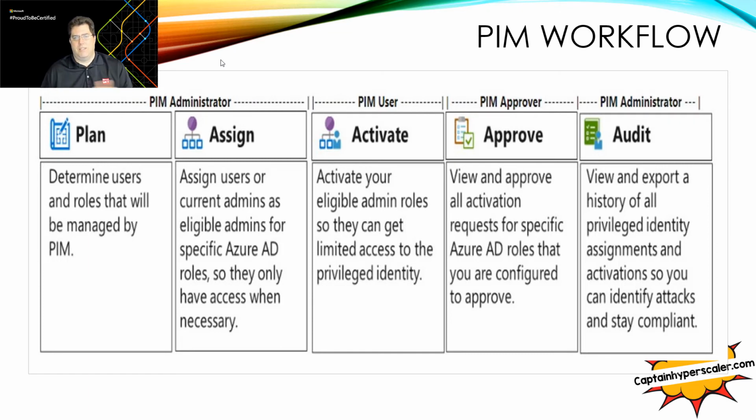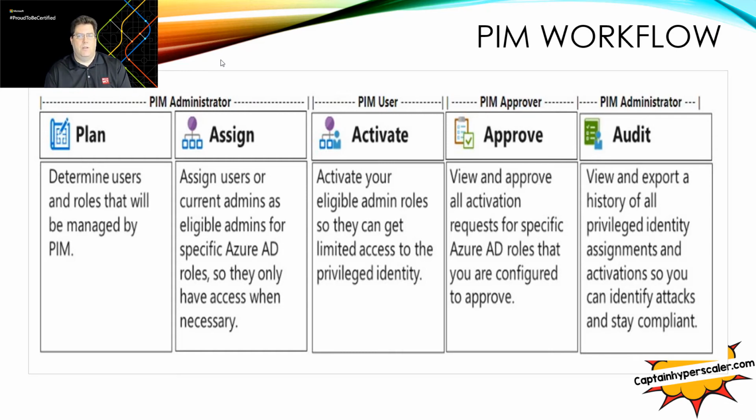We should not be assigning everybody global administrator rights. And then we activate those users to be eligible for those roles. They're assigned, then they make those requests. It's approved to activate for that time-based limitation, and then we can audit that as it goes through.